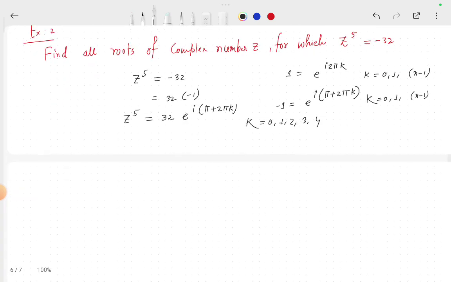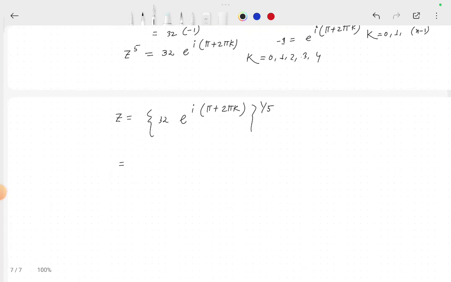Now apply De Moivre's theorem. So z equals 32 e to the power i pi plus 2 pi k, whole to the power 1 by 5. So it equals 32 to the power 1 by 5 times e to the power i pi plus 2 pi k upon 5, where k equals 0 up to 4.